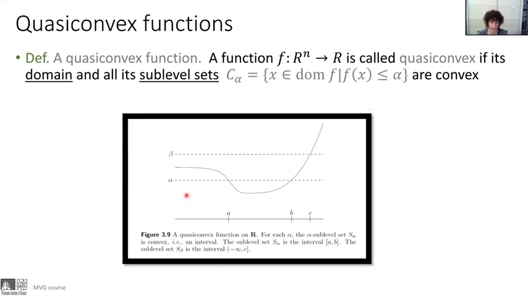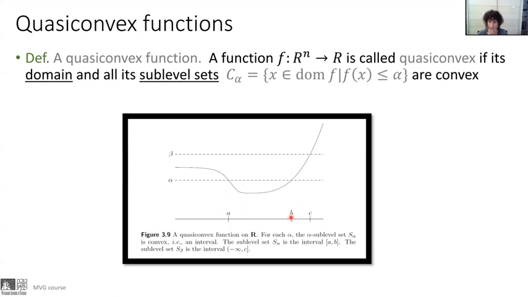For example, like here, let's look at alpha here. What points in this domain get a value smaller or equal to alpha? Immediately you see that these are the values between A and B. Okay, do you see, Michael?